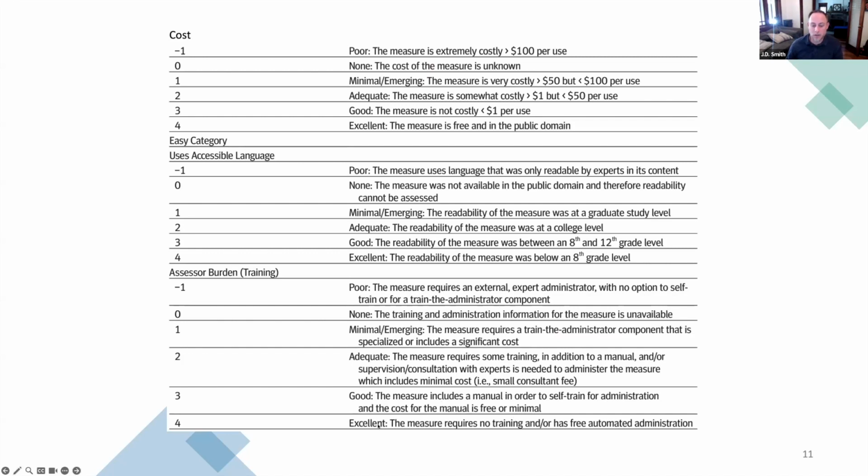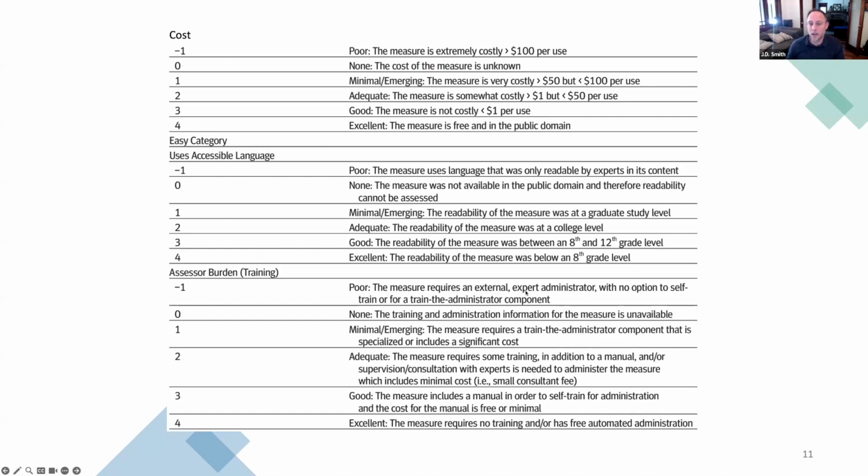The easiest or best score for assessor training is the measure requires no training and has free or automated administration. Versus, it has a manual, so you can self-train. And the cost for the manual is free or minimal. And then, obviously going down the lane to it requires external expert administration with no option to self-train or train the administrator component.